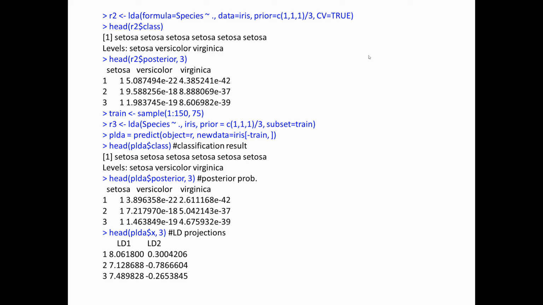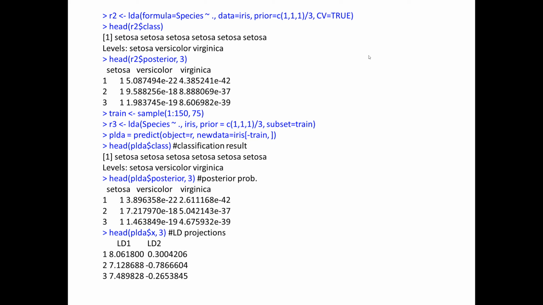Based on the values of the linear combinations, LDA reports a set of posterior probabilities for every value of classification for each observation, along with the level of the classification variable that the analysis predicted.